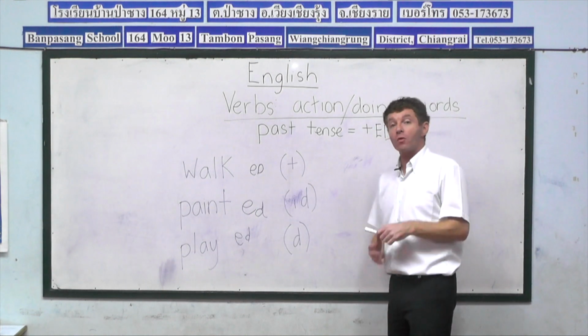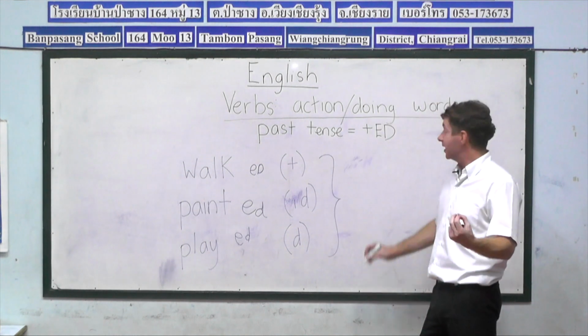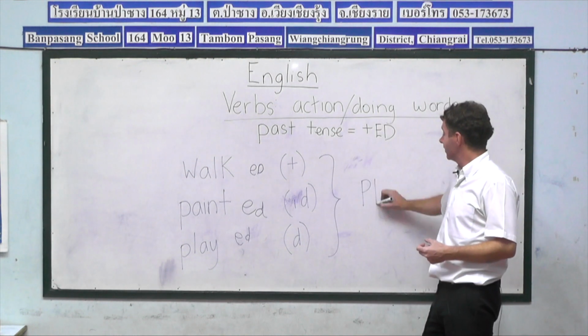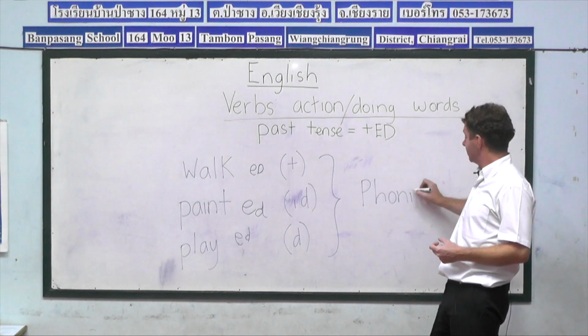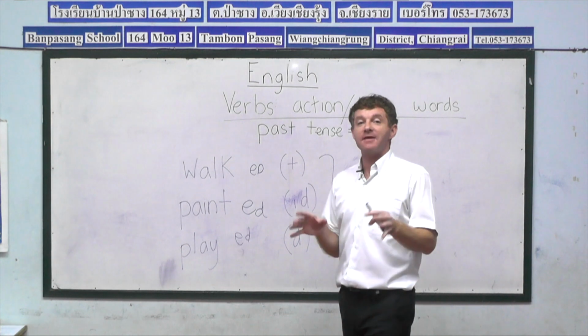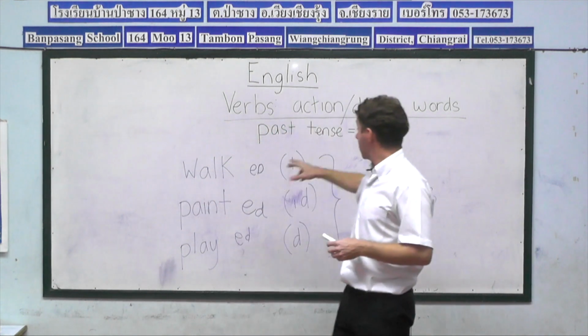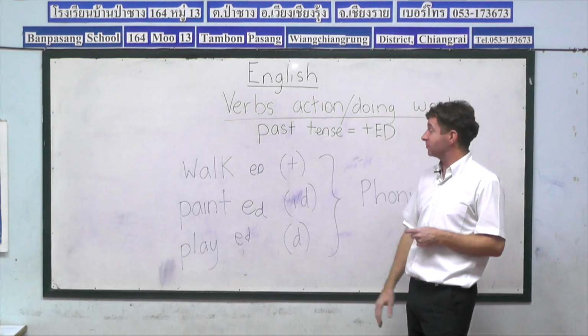And this is the focus of today's lesson, because what we're concentrating on again is phonics. Yes, today's lesson is going to be about the final ED sounds with verbs and the three different ways we pronounce it.